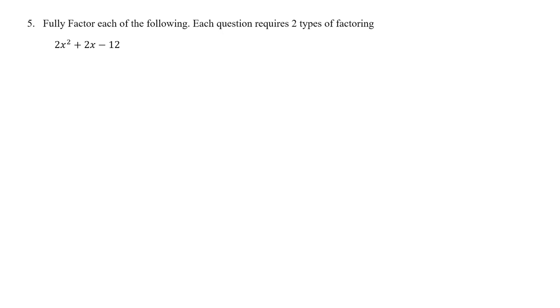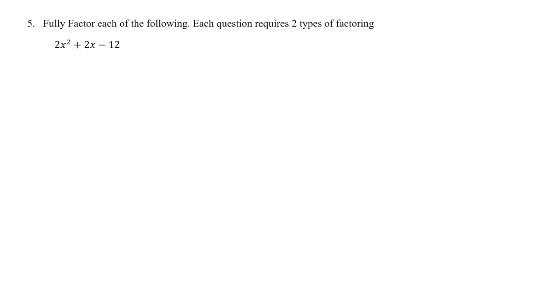Fully factor each of the following. Each question requires 2 types of factoring. Now, when faced with a question that tells you that there's going to be 2 types of factoring, usually this means that we need to find a greatest common factor to begin with to reduce this into some sort of form.